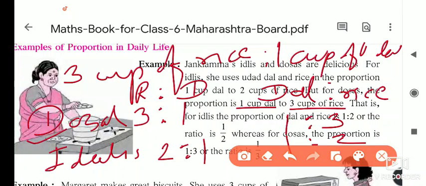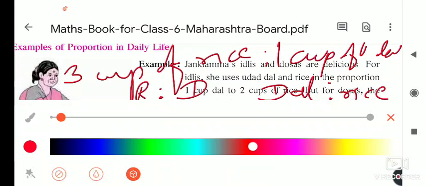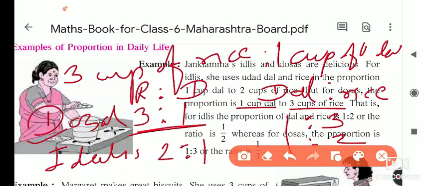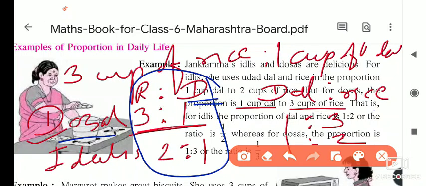This one I am marking with blue color, here it is rice to dal's proportion. Dosa's proportion is 3:1. It is the same preparation, but we are writing it as dal to rice. Here dal is second and rice is first, and here dal is first and rice is second. So the proportion is changing, meaning it is inverse.